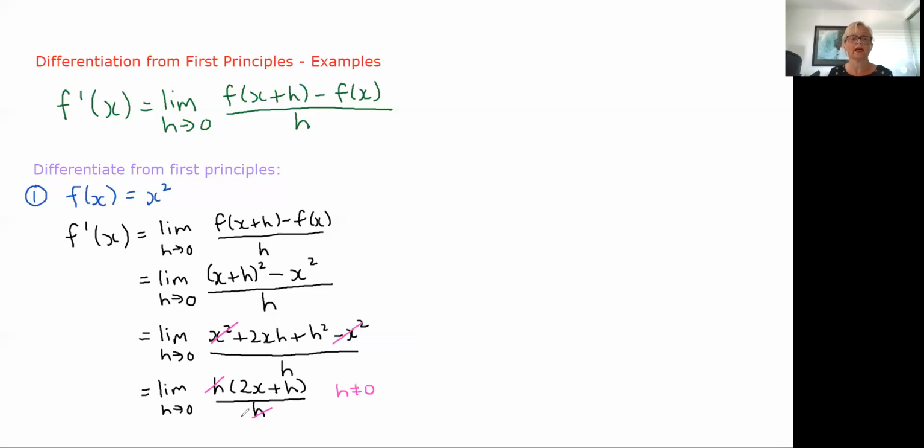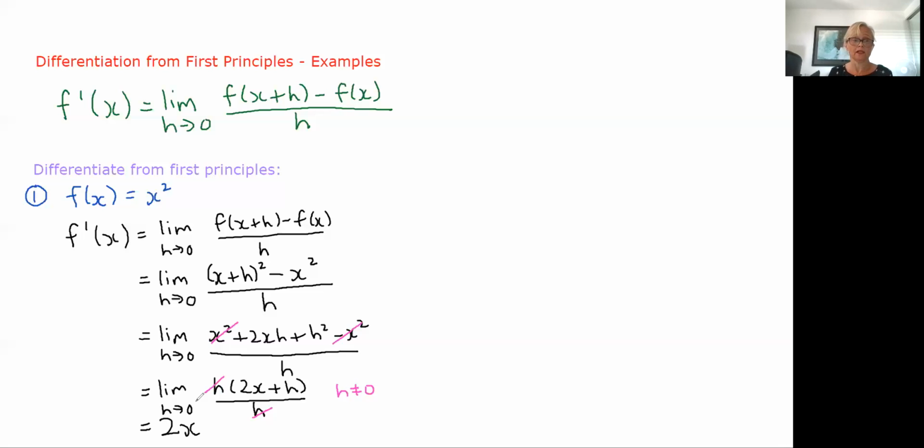Once you've done that, because we're just finding the limit of 2x plus h as h tends towards 0, you can actually calculate that limit by subbing in h as 0. So your limit here is going to be, if you put in h equals 0, you're just going to be left with 2x. So it sounds a bit contradictory, but it's actually not.